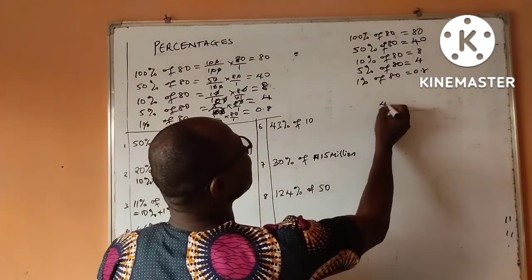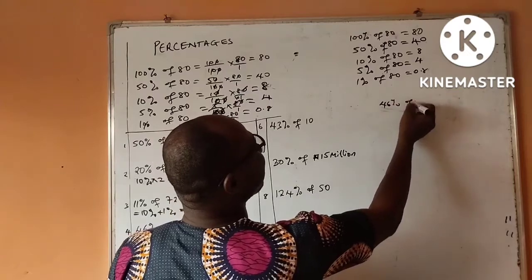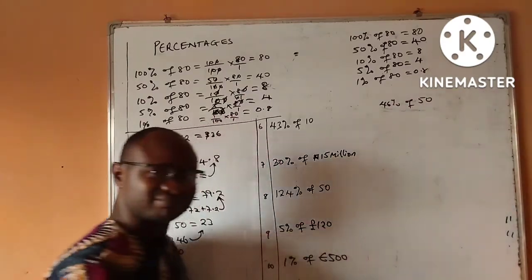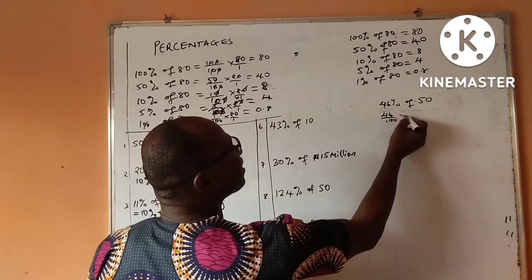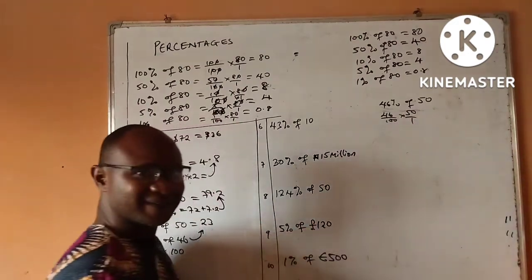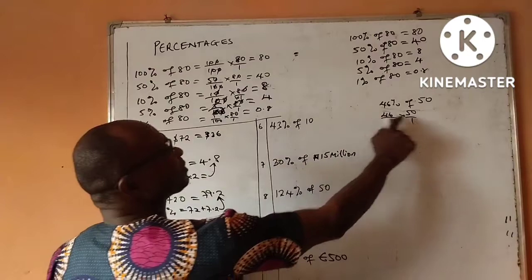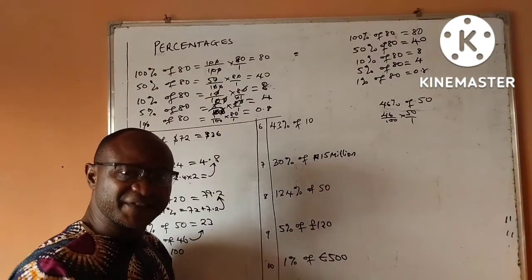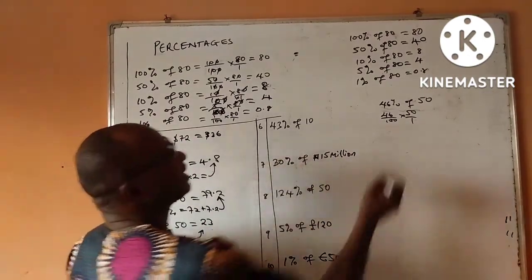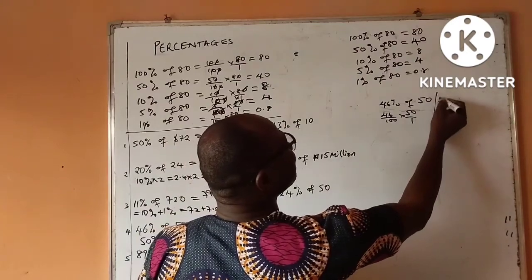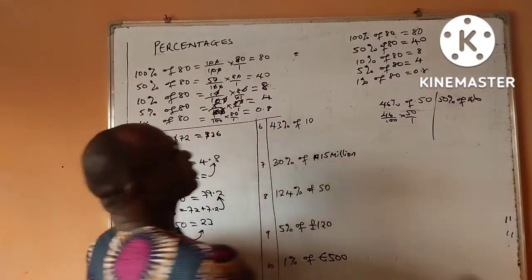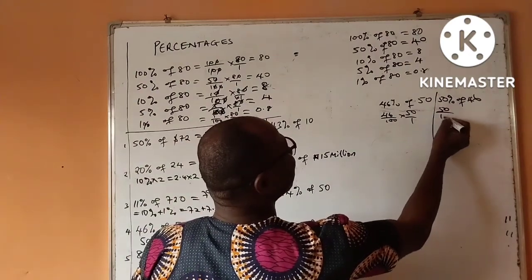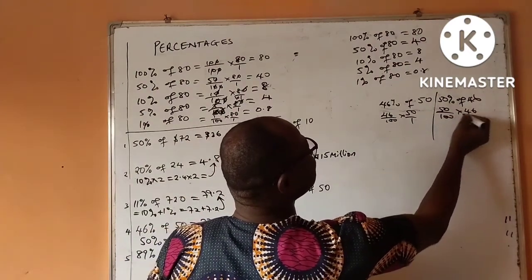I am given to find 46% of 50. And that means 46 over 100 multiplied by 50 over 1. In other words, I am multiplying 46 by 50 divided by 100. Now, let us also look at 50% of 46, which means 50 over 100 multiplied by 46 over 1.